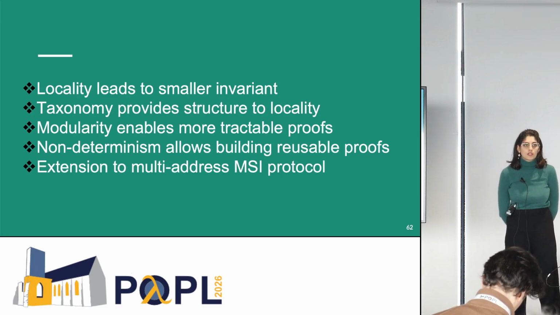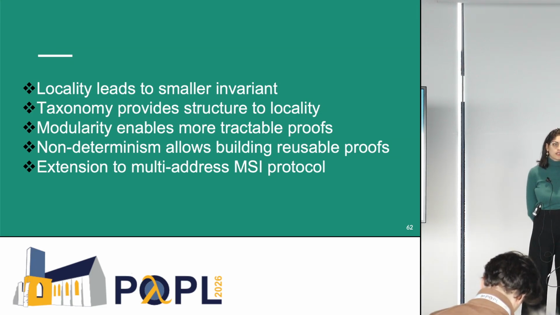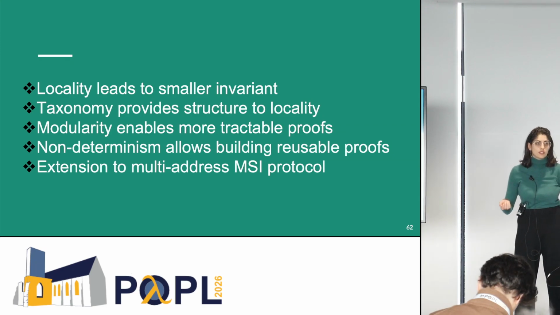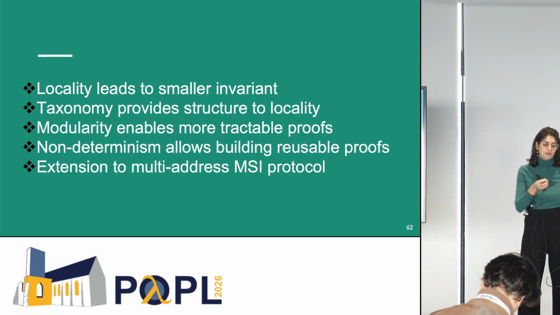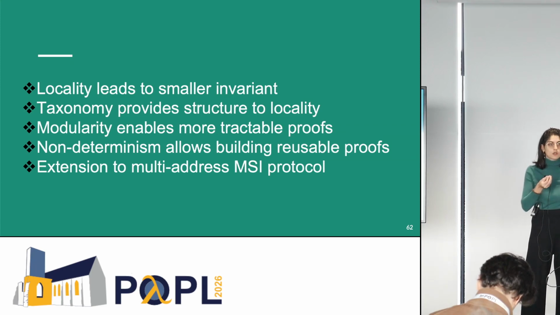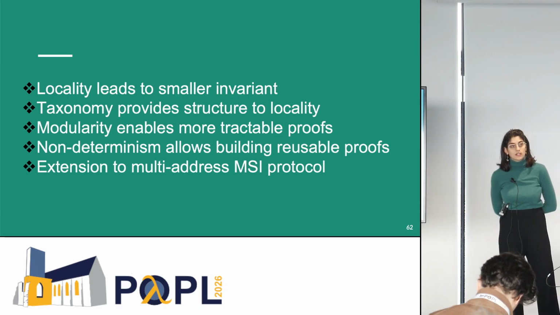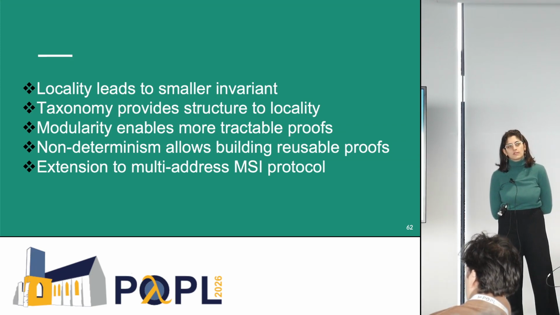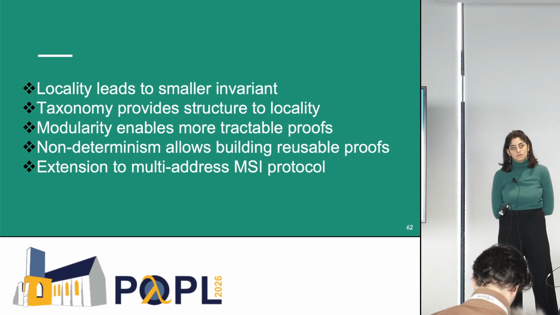Maybe they also have some inherent structure that we can take advantage of. So the main takeaway of this work is that sometimes, instead of going straight to the problem and trying to come up with invariants, we should look at the inherent structure of the protocols that we can take advantage of. In this case, the locality properties simplified the proofs a lot. So maybe there will be a slightly different concept that can still simplify the proofs, and that would be a happy world.